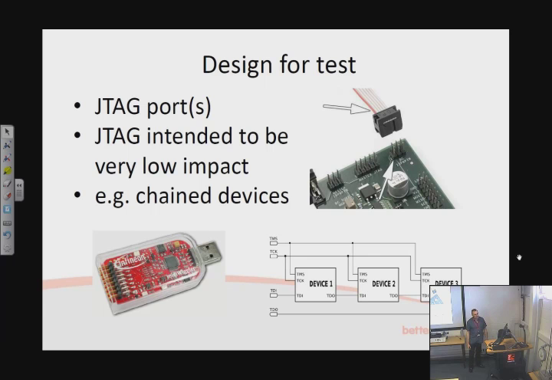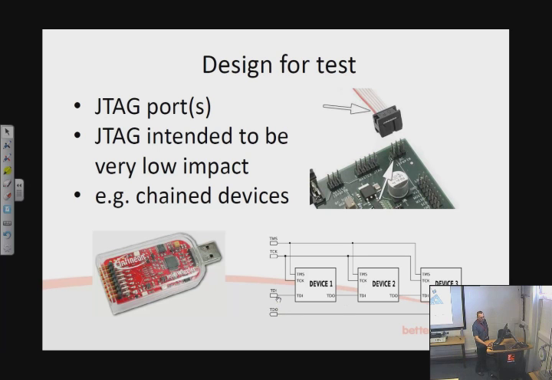So when you do your design for test, think about JTAG ports as well. JTAG, as I say, was designed specifically for supporting test equipment. So the first thing you see here is that these headers are very small, very unobtrusive. And the second thing to know about is you only need one JTAG port for the entire board, because the JTAG protocol, as you see from this diagram, allows devices to be chained up, and the test equipment will automatically latch the data through other chips on the way to access.